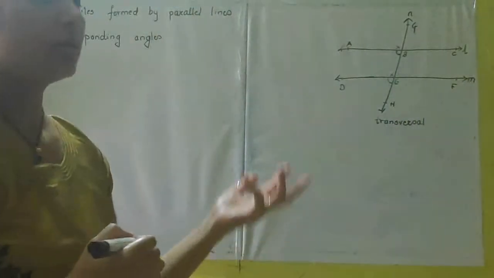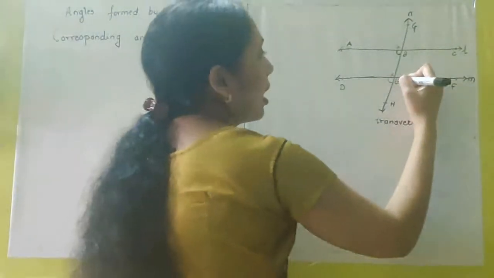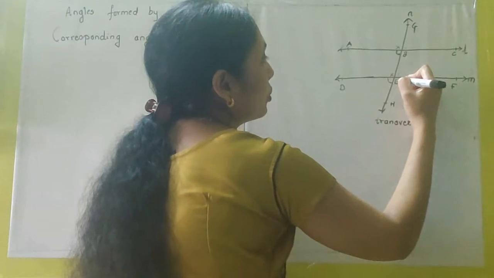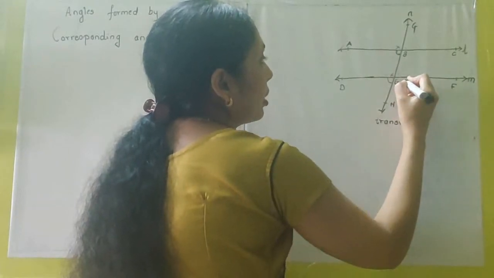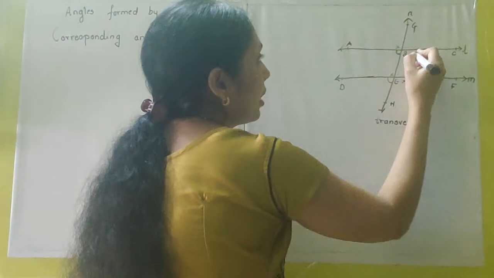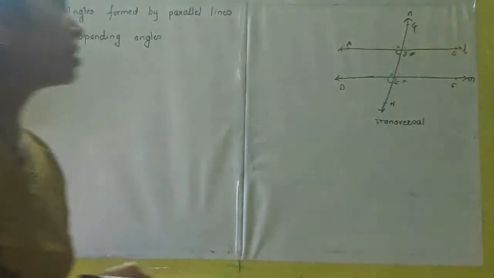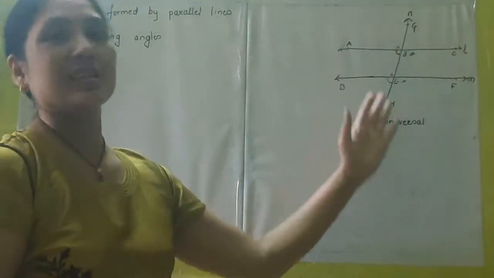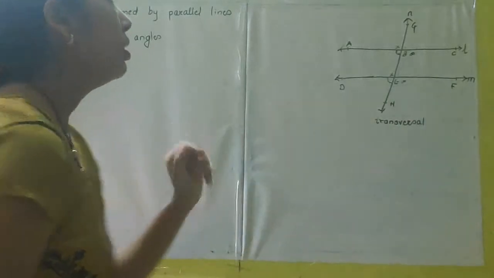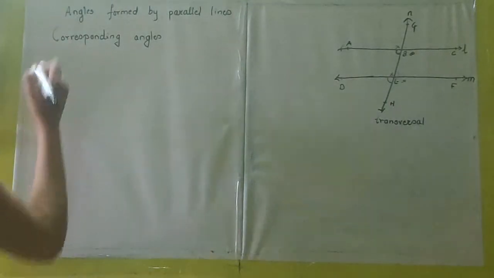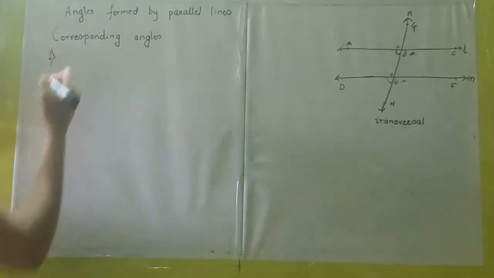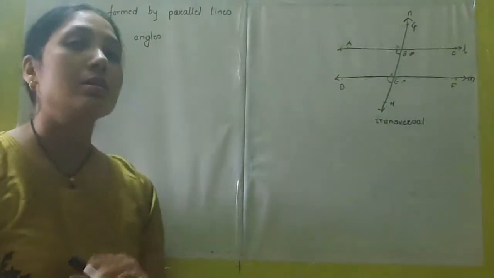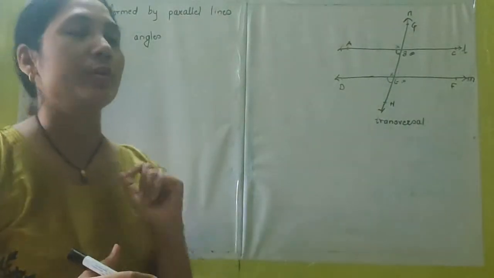Again, same position, and here what I will do, this angle and this angle, same position. So these are called corresponding angles. I'll write their names. Normally in case of parallel lines, the corresponding angles are congruent.